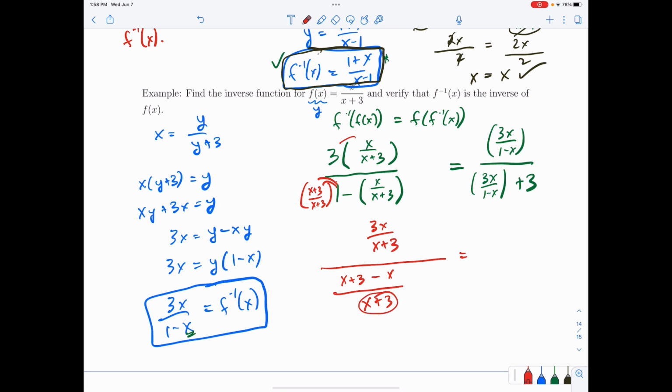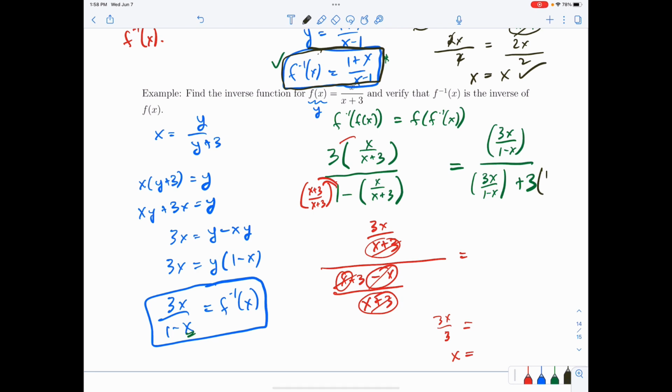Again, denominators are going to cancel. And then these x's, x and negative x, also cancel. So I'm left with 3x over 3, which simplifies to just x. And what you may start to notice when you do these is that you're always going to get x equals x at the end if you do it correctly.